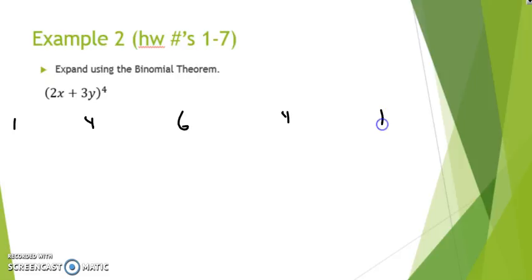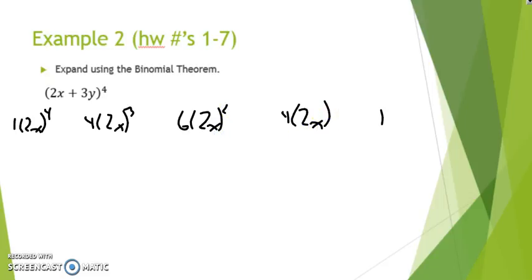And then you start off, in this case it's 2x, so you might want to use parentheses here, so this will be (2x) to the fourth, and then (2x) to the third, (2x) to the second, and (2x) to the first.